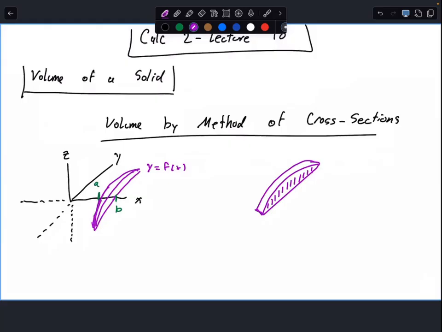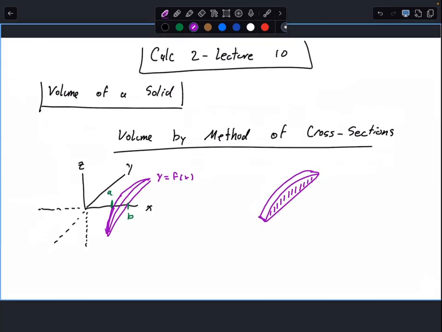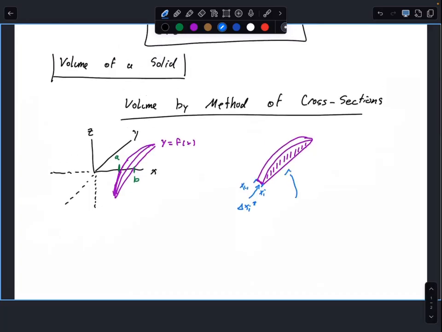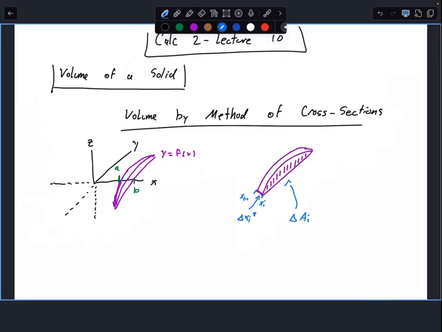Now this is not from A to B, but just one little slice, where this right here is my delta x sub i star. This would be x sub i minus 1, and this would be x sub i right there. This picture represents delta A sub i, the area of that cross-sectional piece.